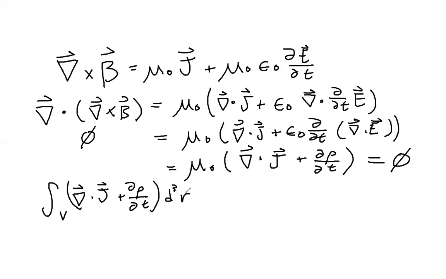Well, the integral of del dot J is, again, the integral over the surface of J dot dS. So that's the net current flow in or out, plus the time derivative of the integral of rho over the entire volume, but that's the charge enclosed in that volume. We're saying that is 0.